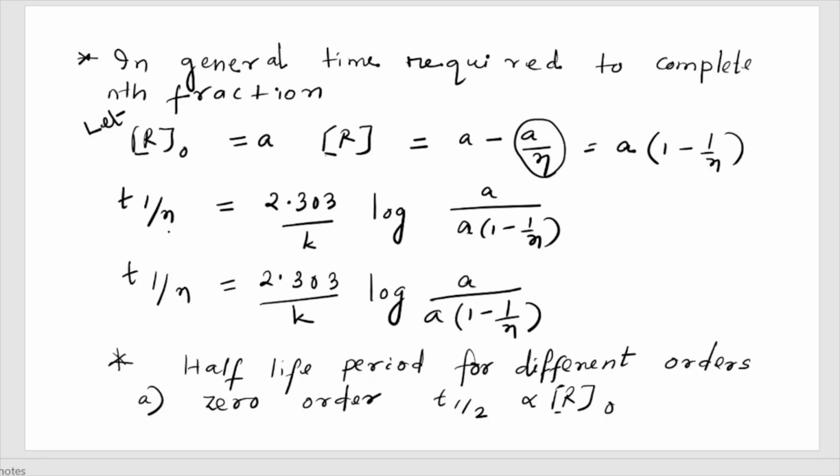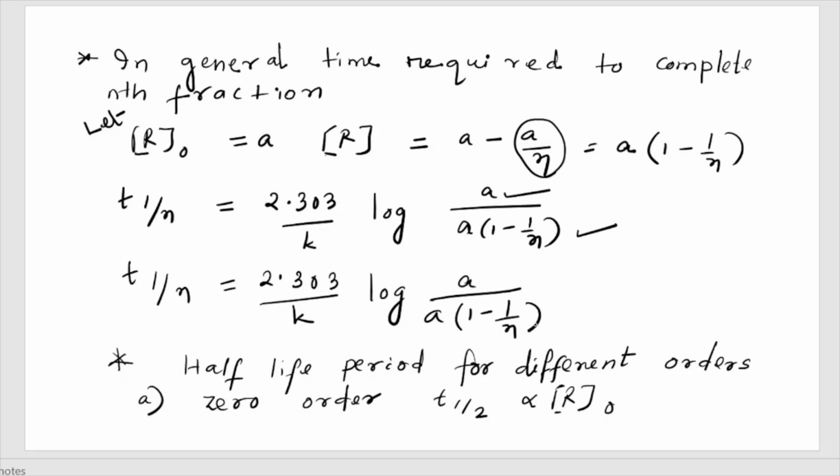So what is the equation? t 1 by n, that is the nth fraction, equals 2.303 by k log initial concentration a, final concentration a multiplied by 1 minus 1 by n. You put all the values. Then t 1 by n equals 2.303 by k log a bracket 1 minus 1 by n. What is n? n is the fraction.